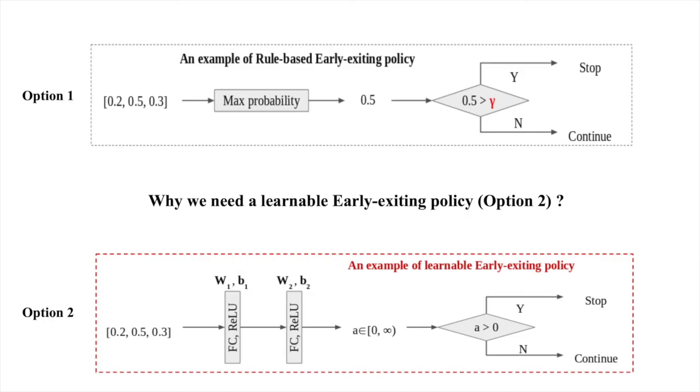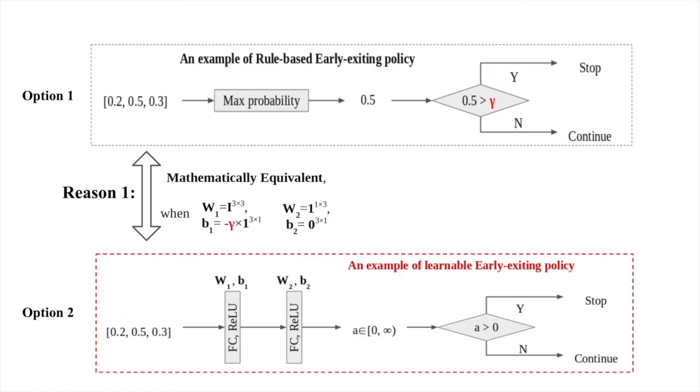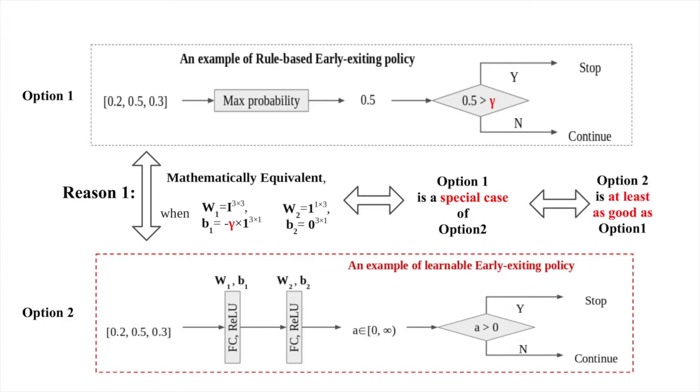Compared with option 1, our policy can learn from the dataset. But you may ask, why do we need a learnable policy? The first reason is, option 2 can be exactly the same as option 1 when it learns the parameters shown here. So we can see that option 1 actually is a special case of option 2, and it means a learnable policy can be at least as good as the rule-based policy if we initialize the weights and bias as shown in the figure, and it is possible to learn an even better policy from the dataset.